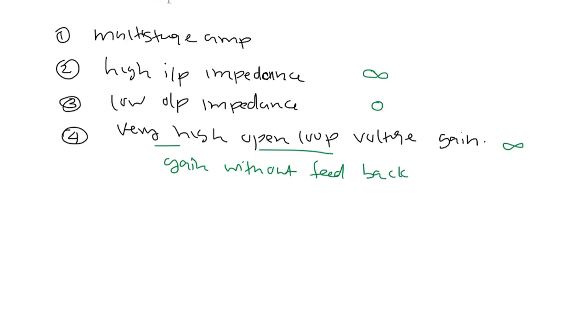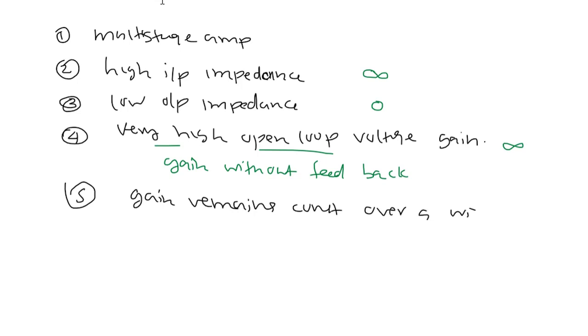Okay. Now, what is the next point? The voltage gain remains constant over a wide frequency range. So you will have a very high bandwidth. The next point is that gain remains constant over a very wide frequency range.